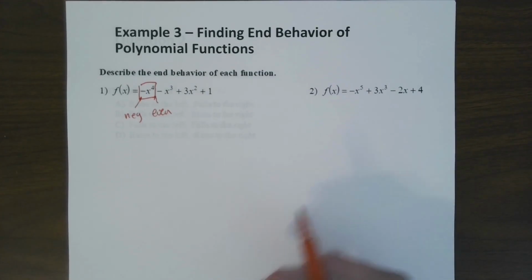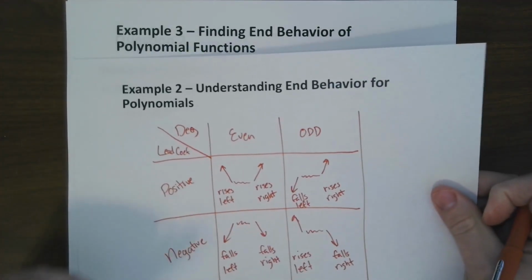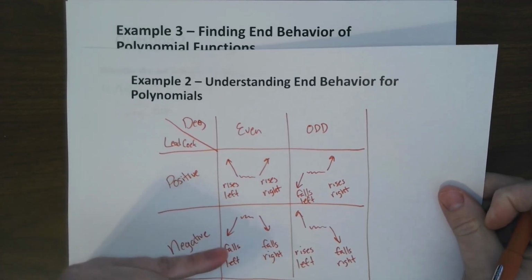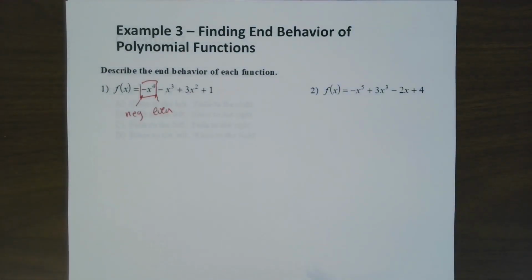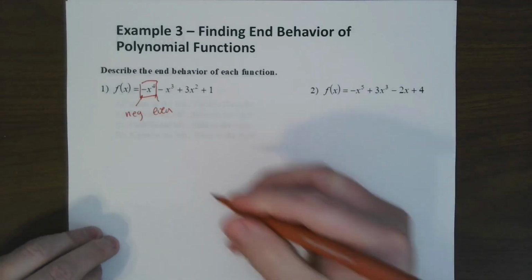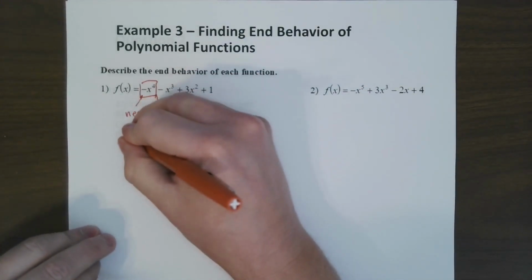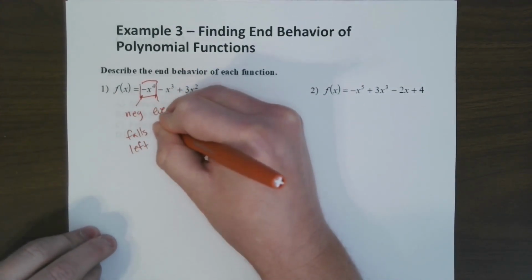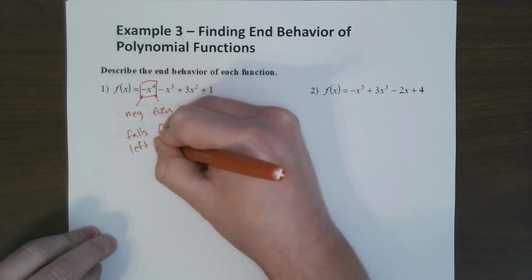Since it's negative even, we look to our chart. So negative even means its end behavior falls left and falls right. And that's all we have to say. So it falls left and falls right.